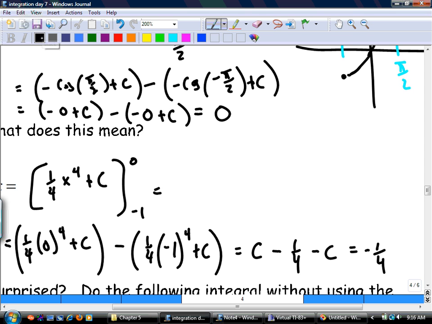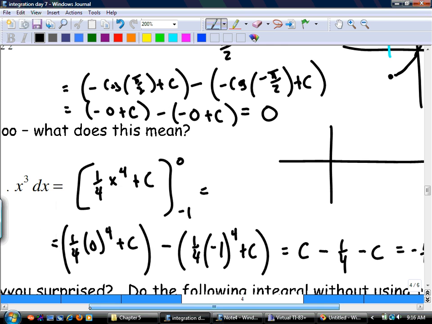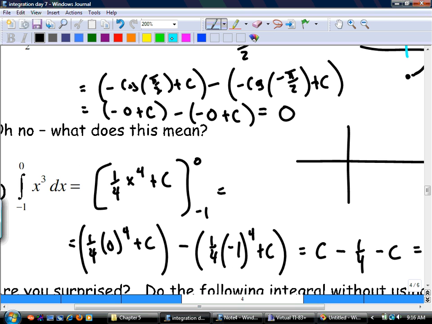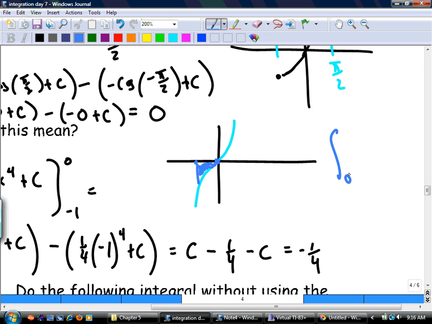You're thinking to yourself, here's x cubed, here's 0, here's negative 1. Of course that area is negative, right? But if I asked you, quickly, what's the answer to this question?